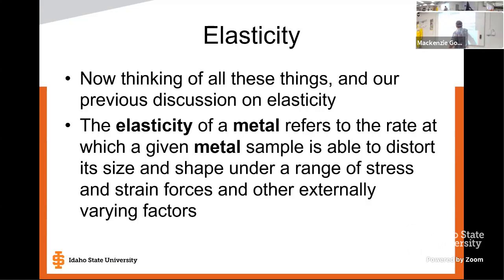Conceptually, it refers to the rate at which a given metal is able to distort its size and shape under a range of stress and strain forces and other varying factors without crossing the yield point into permanent deformation, right? So elasticity is its ability to distort and still be able to recover if that force is removed.